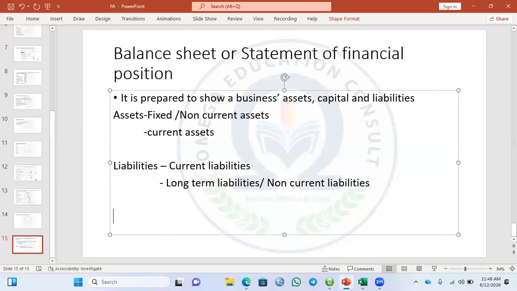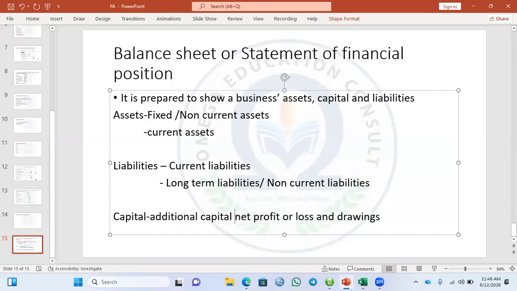And finally, you have the capital. Now, let me add that capital is affected by these two things: net profit or loss and drawings. And sometimes too, the owner can introduce more capital, so we refer to that as additional capital.